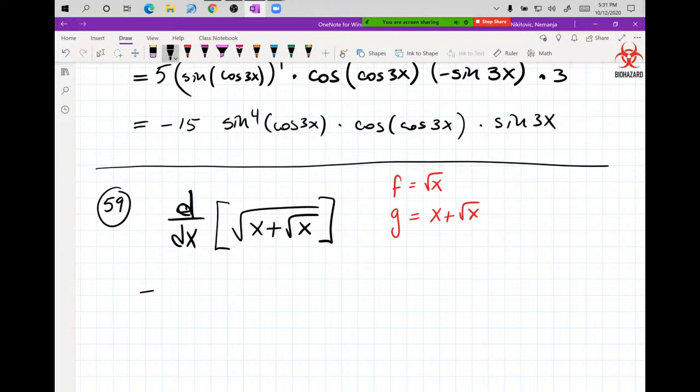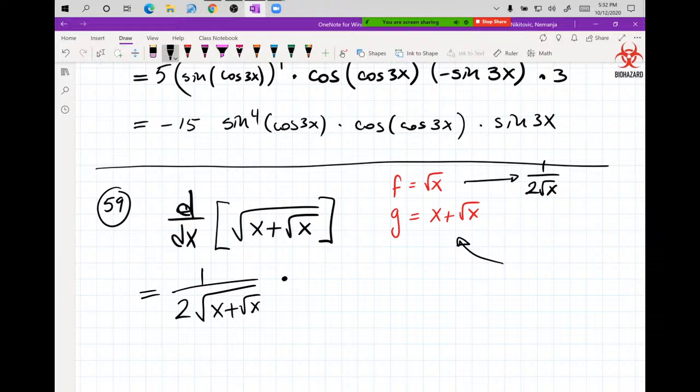So take the derivative of the outside, which is 1 over 2 root x on the denominator. So 1 over 2 root of the mess times the derivative of this, and that is 1 plus 1 over 2 root x.